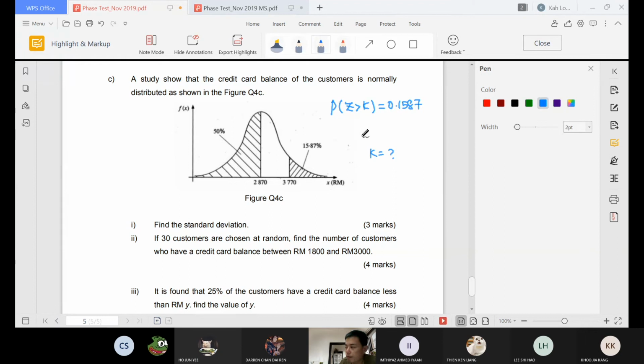Please think how to start with this. You will actually start from 0 to K. What is the value?